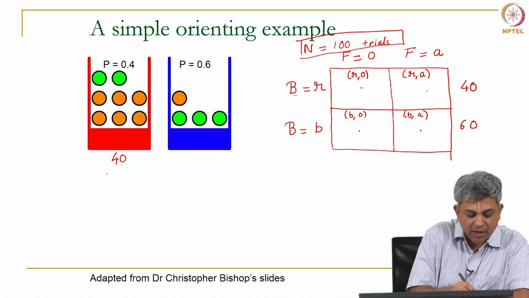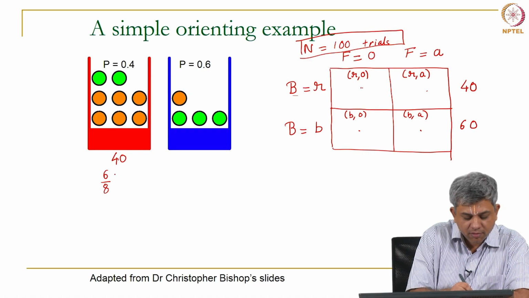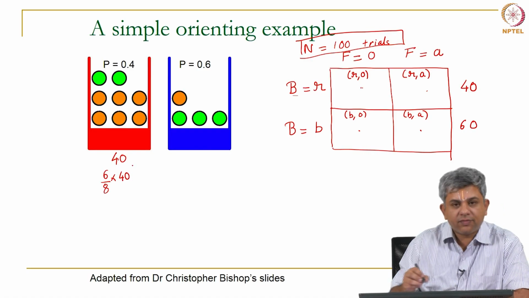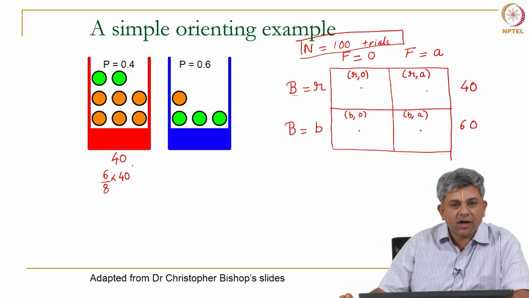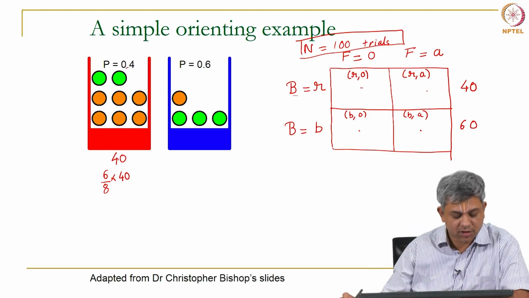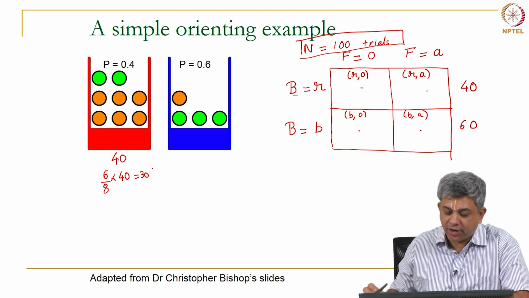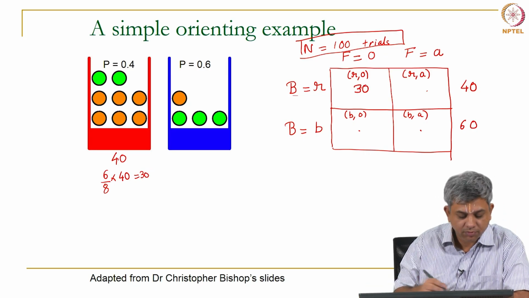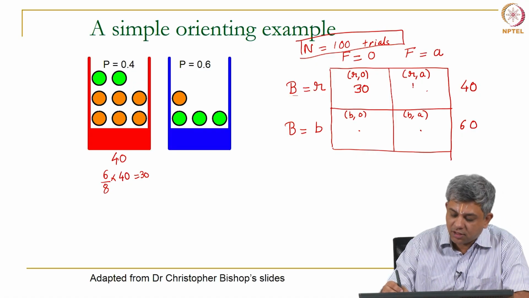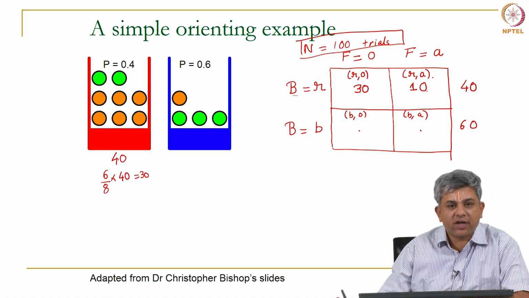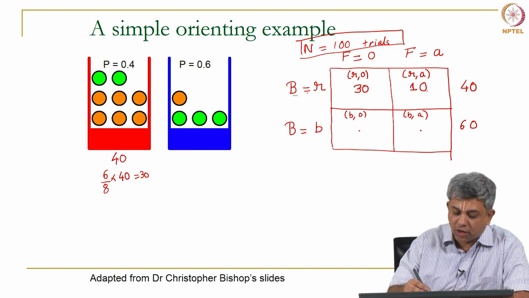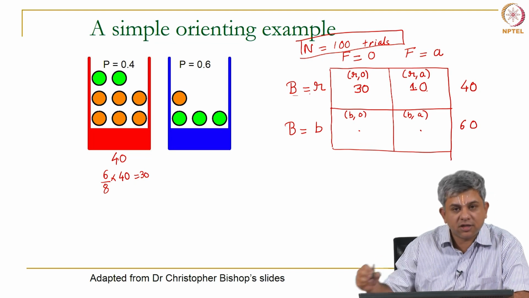We can see automatically that, assuming it works out exactly according to the probability, in 6/8 of the cases, which is 30 of the cases, you are going to get an orange, and in 2/8 of the cases, 10 of the cases, you get an apple. So, a red basket with an apple occurs 10 times.